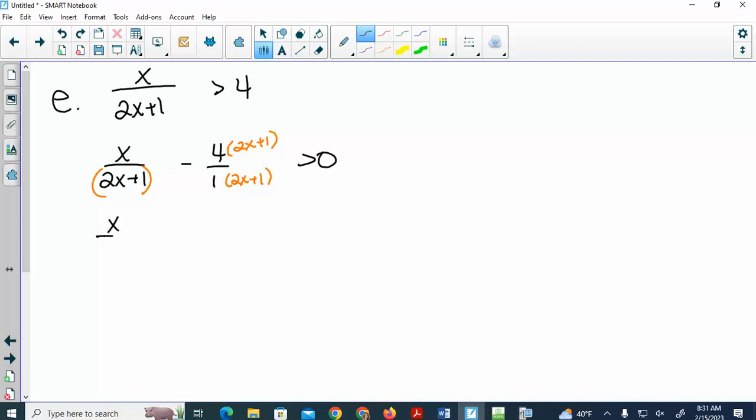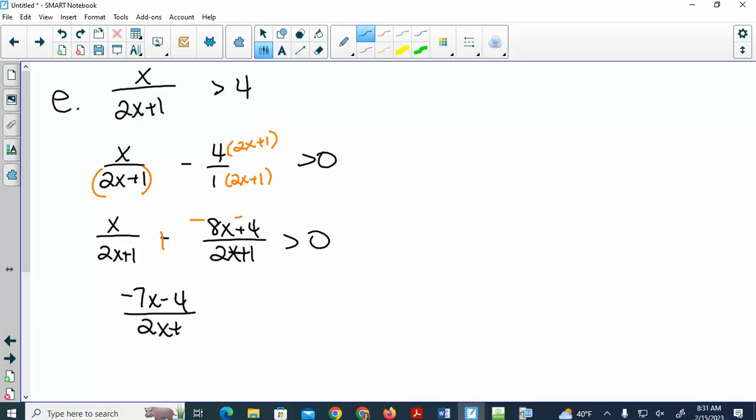So we get x over 2x plus 1 minus, we distribute, 8x plus 4 over 2x plus 1. This is the step where everybody makes a mistake. What do I need to do with this negative? When I put these together, x and negative 8x is negative 7x minus 4 over 2x plus 1.